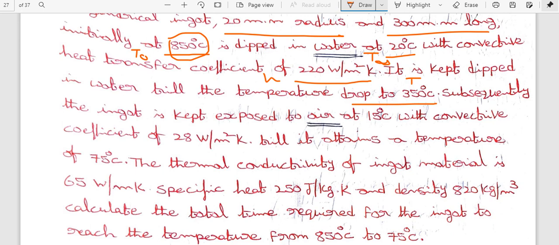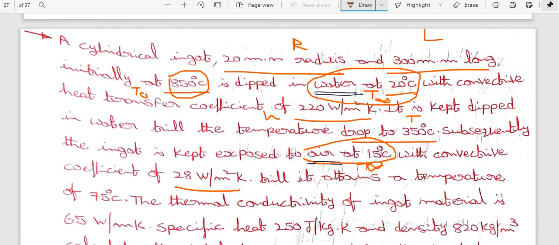Subsequently the ingot is kept exposed to air at T infinity. So this is T infinity for air and this is T infinity for water. Two different ambient temperatures are given in this problem: the water ambient temperature and the air ambient temperature, with a convective heat transfer coefficient of 28.